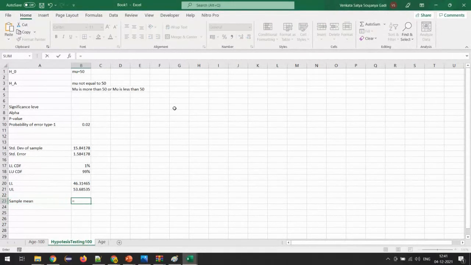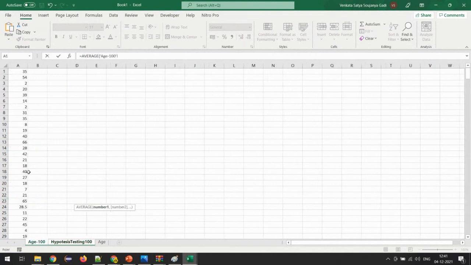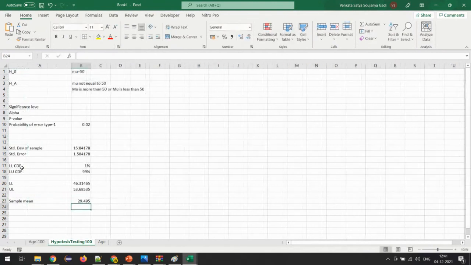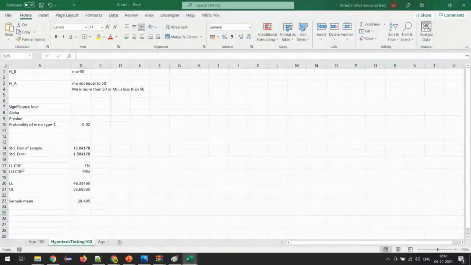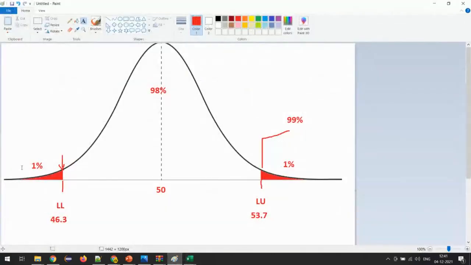The sample mean is 29.4849, so the sample mean is 29.49. So what does it mean? Which region does it fall in, the red region or the white region?